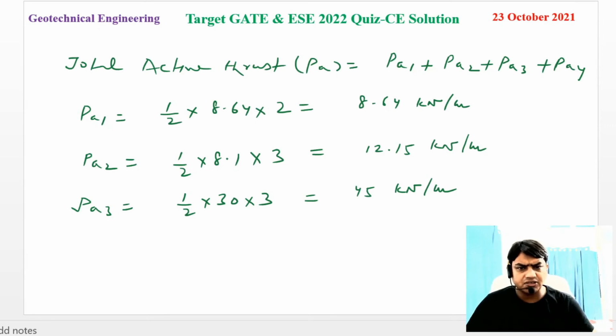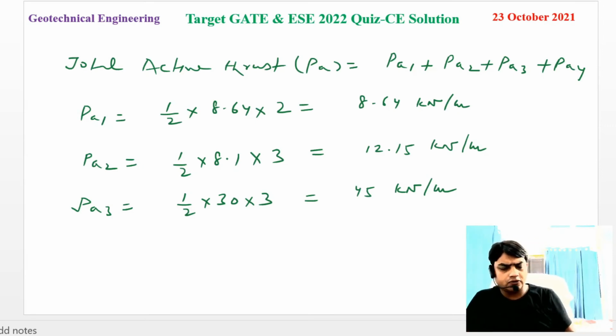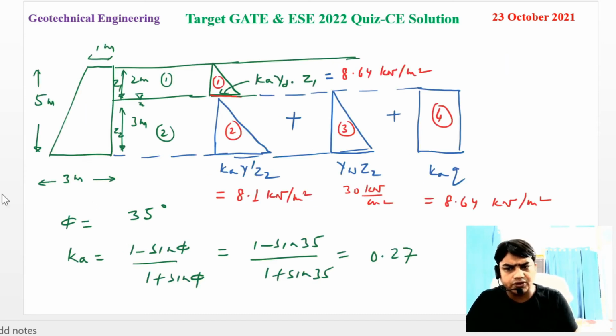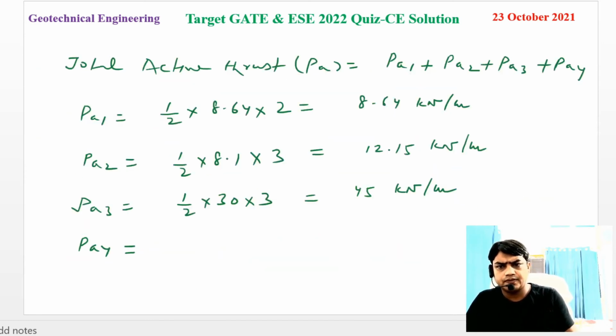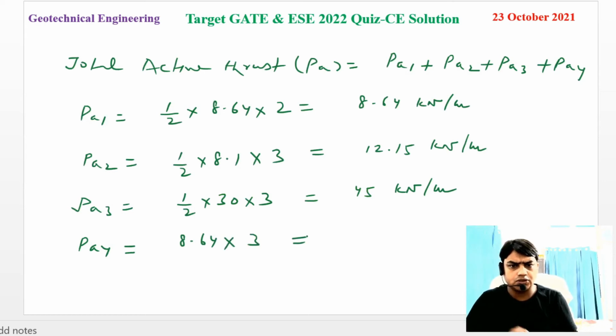So the total active thrust for the fourth pressure diagram can be computed as PA4, the area of this pressure diagram, K into Q into H. So it will be 8.64 into 3, and this value is 25.92 kilonewton per meter length.